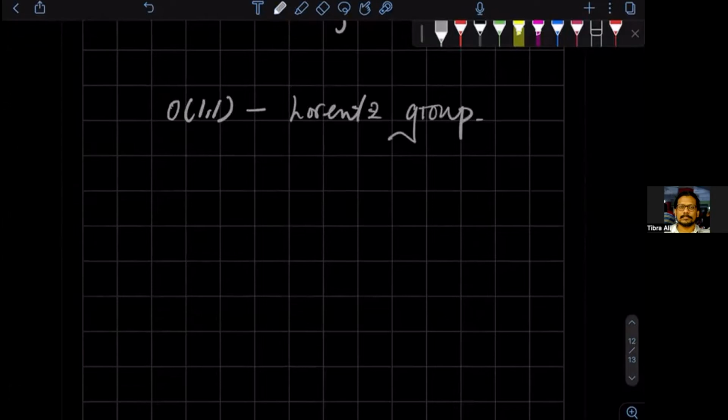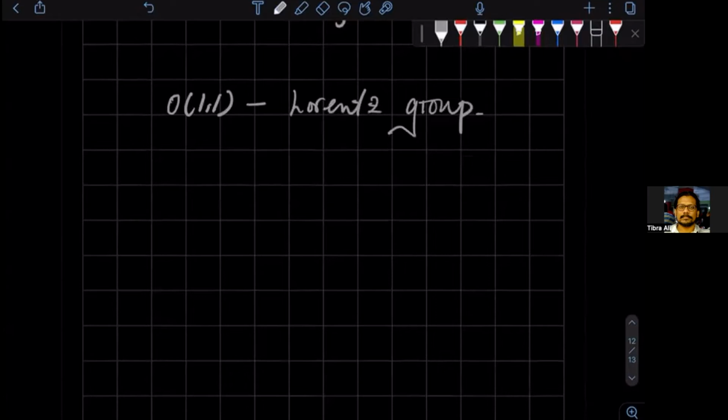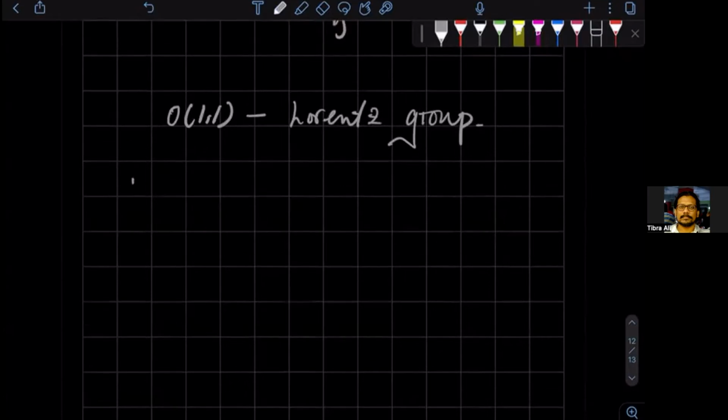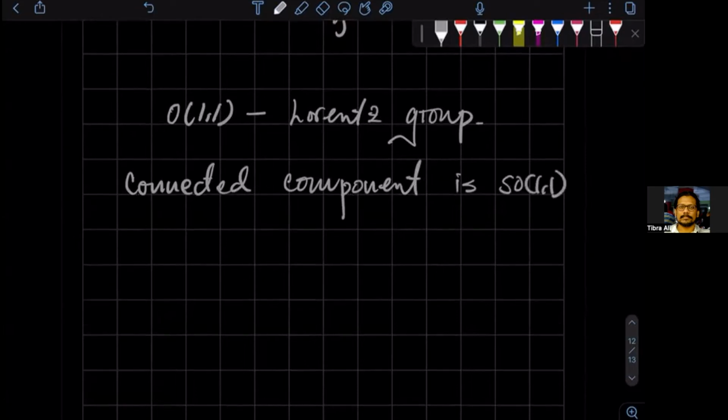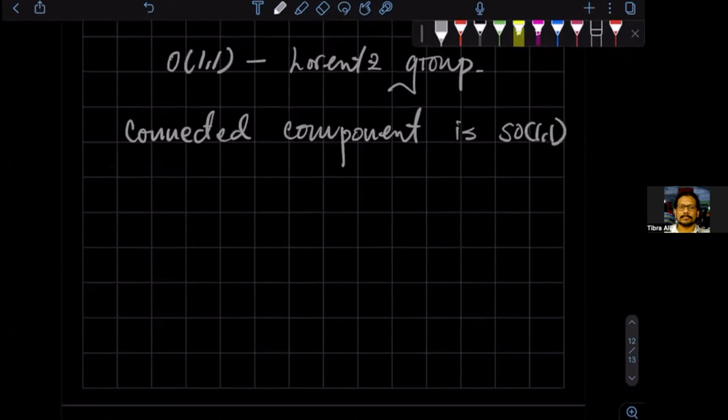Now, as in the rotation group, the connected component, that is the component connected to the identity, is the SO1,1, which is the Lorentz transformation that we usually understand.